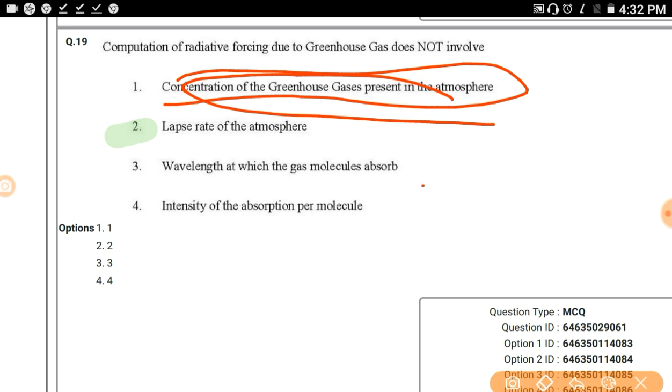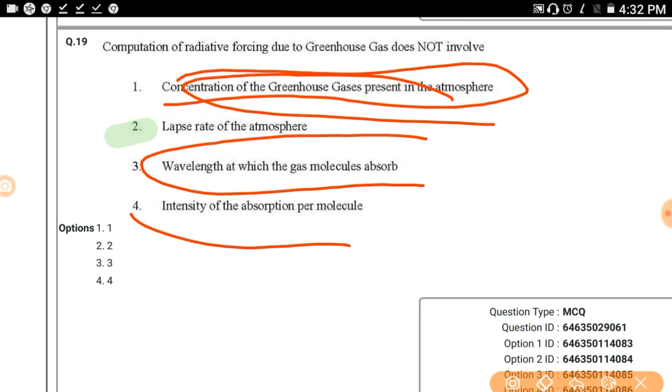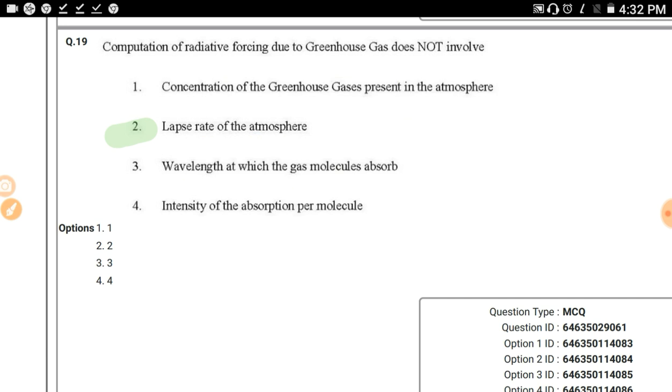It involves the wavelength at which the gas molecules absorb. If a gas can absorb more at a particular wavelength, it affects the greenhouse effect. It also involves the intensity of absorption per molecule. How much energy each molecule absorbs is also related to the greenhouse effect, but the lapse rate of the atmosphere does not relate to the greenhouse gas effect. Okay, so our right answer is 2.